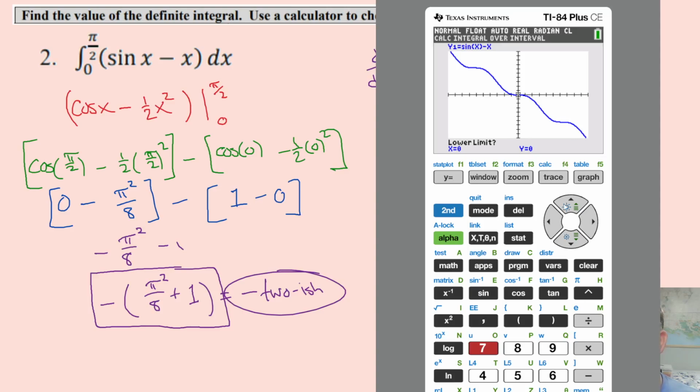That's a funny looking function, but we're going to go from 0 to pi over 2. So just entering it just like that, we see a little shaded area. We see negative 0.2. That makes me nervous that I've screwed up. So let me double check this off camera, and maybe I'll come back and tell you I screwed up.